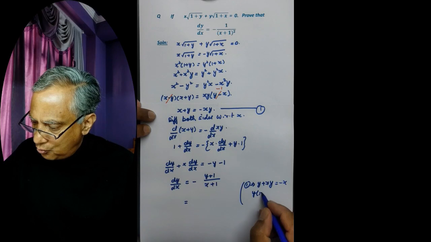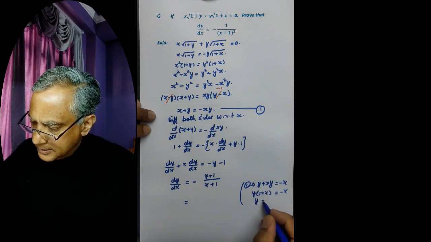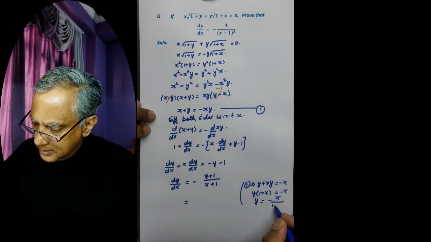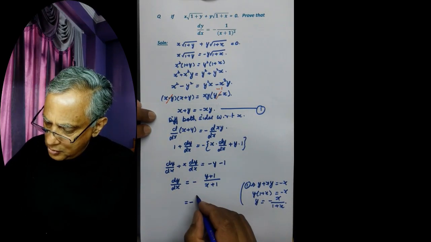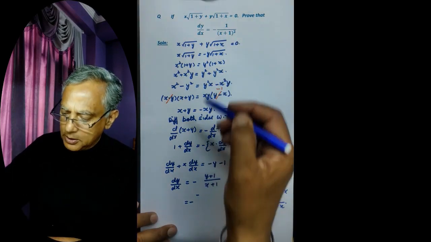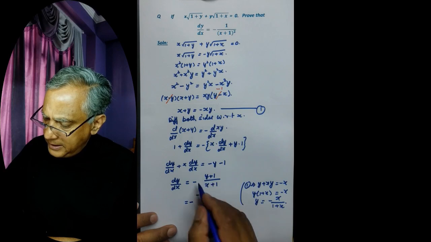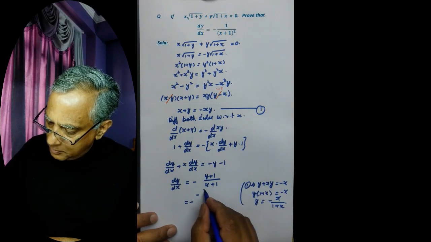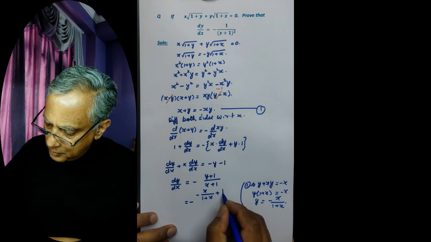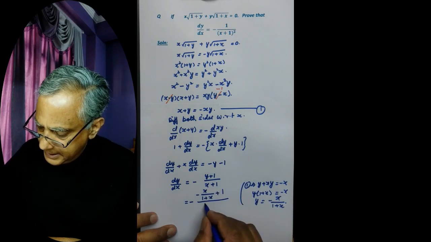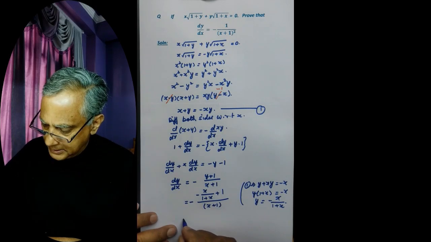So y into 1 plus x is equal to minus x, or y is equal to minus x over 1 plus x. So put y equal to minus x over 1 plus x, because the answer is in terms of x. So we eliminate y. So this is minus (minus x over 1 plus x plus 1) whole divided by x plus 1.